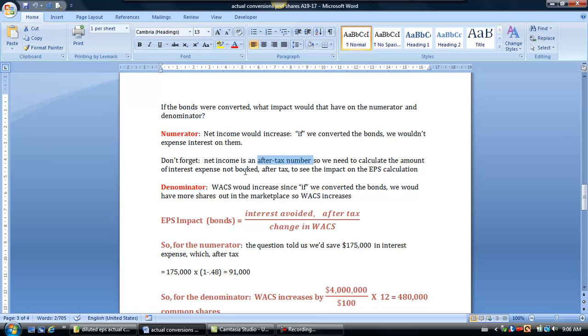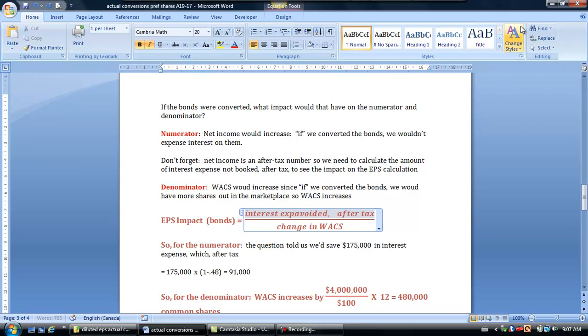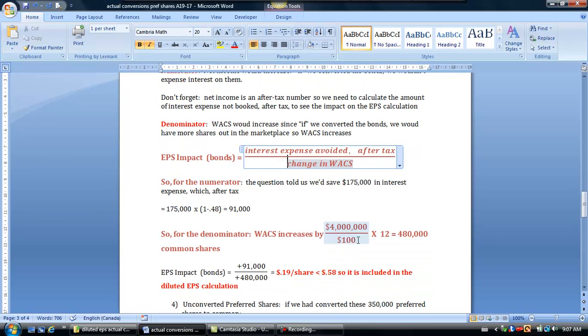So we need to calculate the amount of interest expense not booked after tax to see the impact on EPS. So we're looking at the interest expense avoided after tax, and we're going to divide that by the change in shares if these bonds had been converted to common.